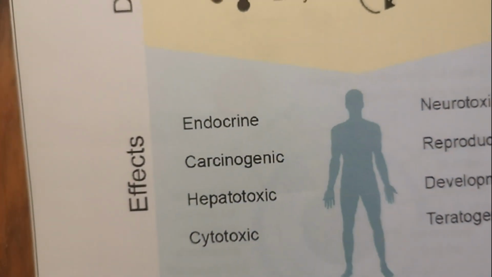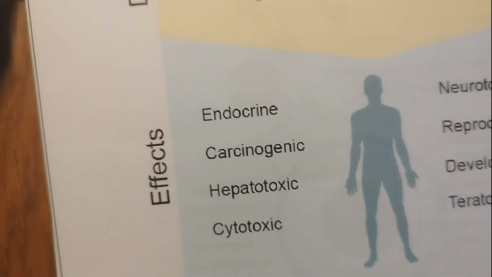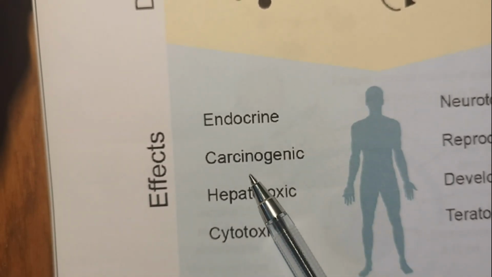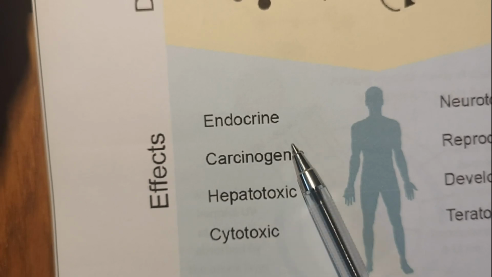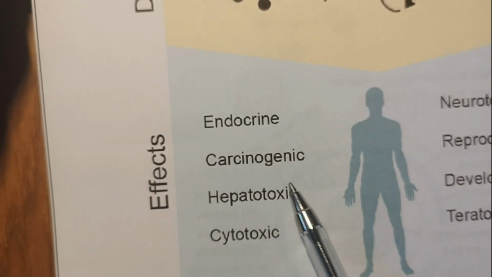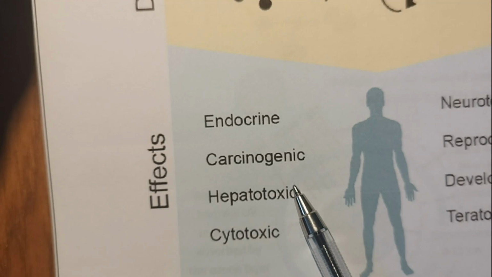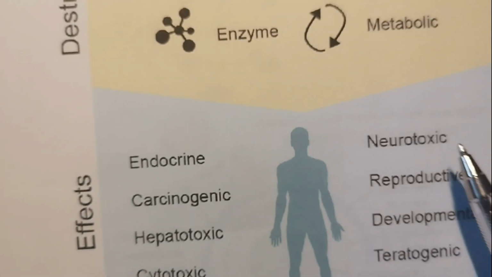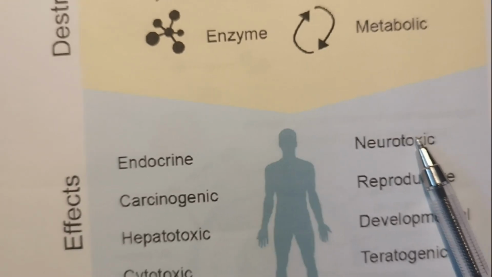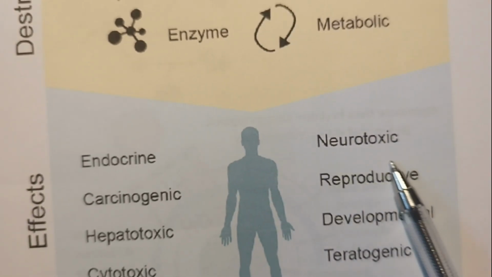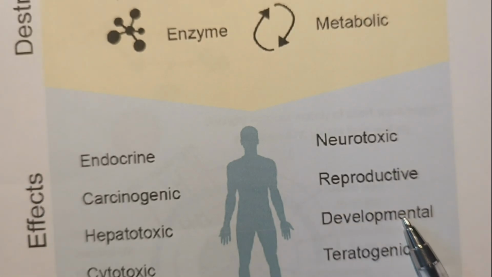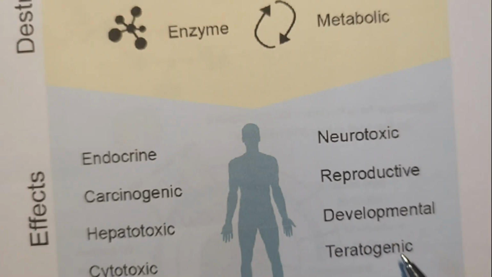And what effects do they cause? They can damage our endocrine systems, they can be carcinogenic, that means they can cause cancers, hepatotoxic, that is liver toxicity, cytotoxic, that is toxic to the cell, neurotoxic, that is toxic to the brain, toxic to the reproductive system, they can affect the growth, that is the developmental system, and teratogenic, that is the word.